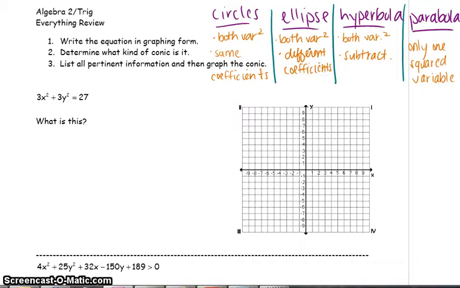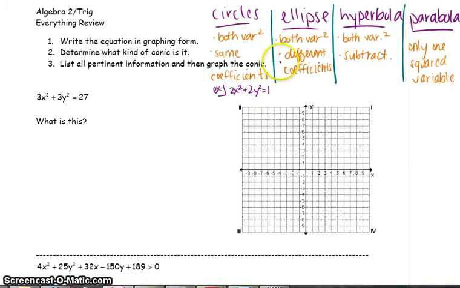When I say coefficients, I mean the number that's being multiplied in front of the x squared and y squared. So in a circle, a little example would be 2x squared plus 2y squared equals 1.